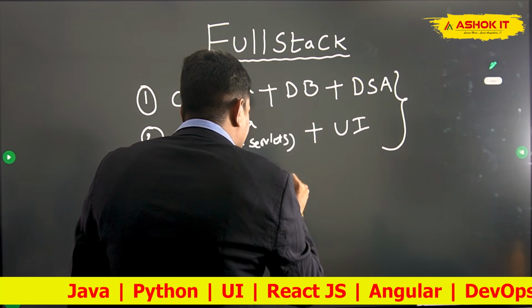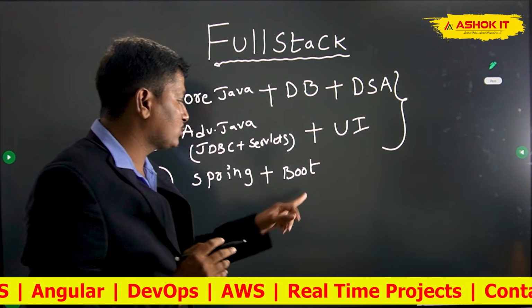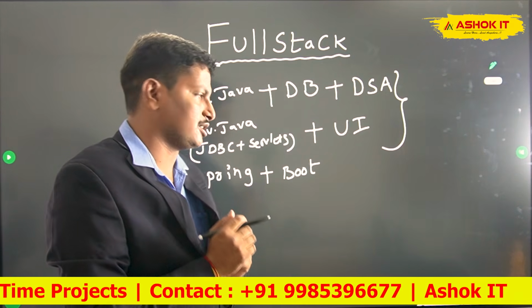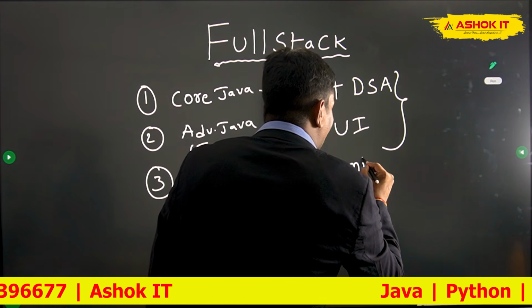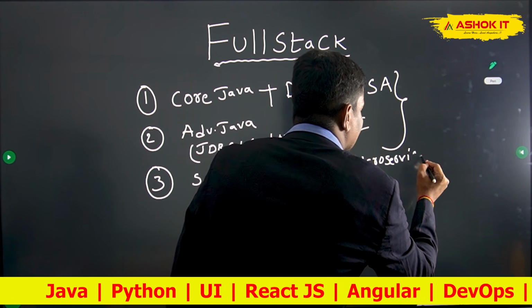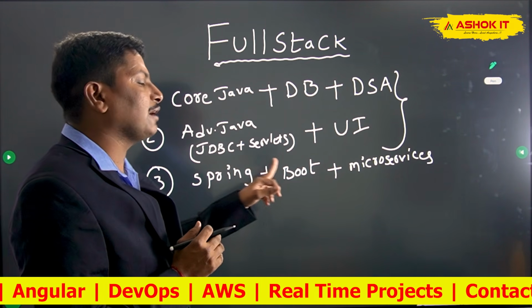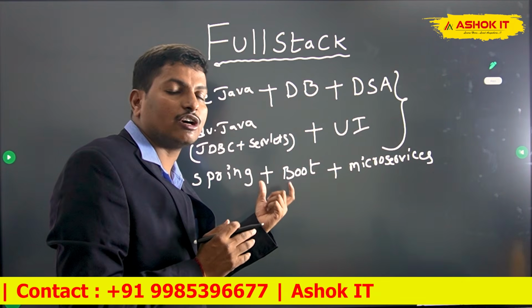Nowadays, the extension for Spring in the market is Spring Boot, which will provide auto configurations while developing the applications. Along with this Spring Boot, you need to understand how to develop applications with a microservices architecture. So in the market, people call it Spring Boot with microservices. So this comes under the Java frameworks concept.